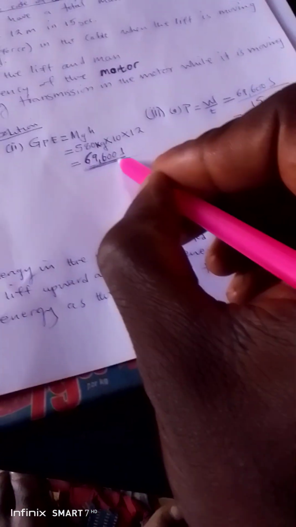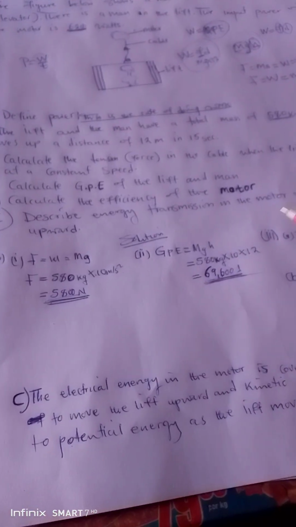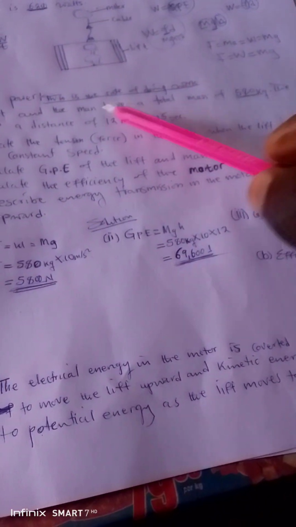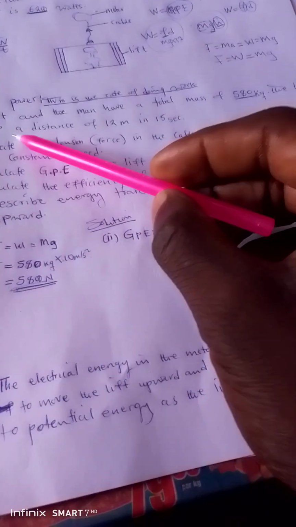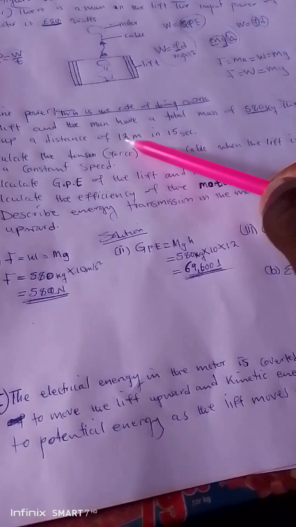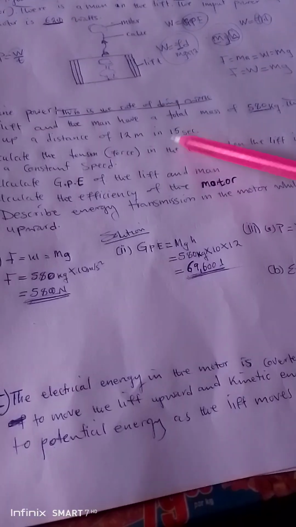We are going to find 69,600 joules. So now, since we already have the work done and we have time, this motor has to raise the lift upward a distance of 12 meters in 15 seconds. So we have time, which is 15 seconds.